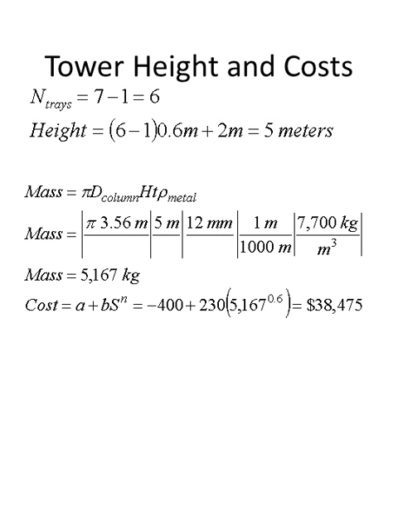To determine the cost of the tower, we just need to know the mass of the metal for it, which is given by the perimeter of the column times its height times the thickness of the metal times the metal density. The thickness is given in the original worksheet given to the class, and for a 3.56 meter tower, a thickness of 12 millimeters is appropriate.